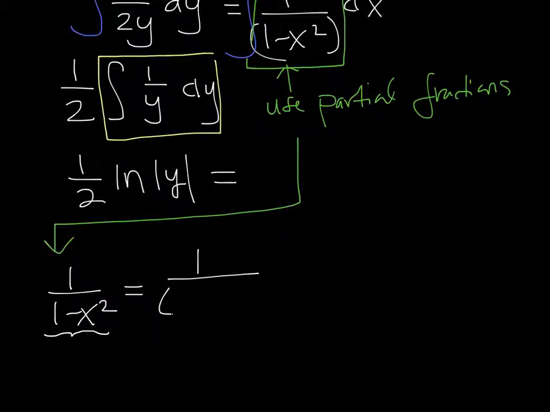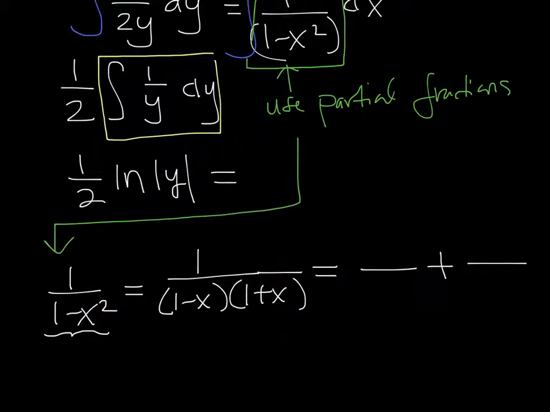From algebra, we know we can factor this polynomial as follows: 1 minus x times the quantity 1 plus x is 1 minus x squared. If you FOIL this, you're going to get this back. We want to rewrite this as the sum of two fractions. One part is over 1 minus x, the other part is over 1 plus x.